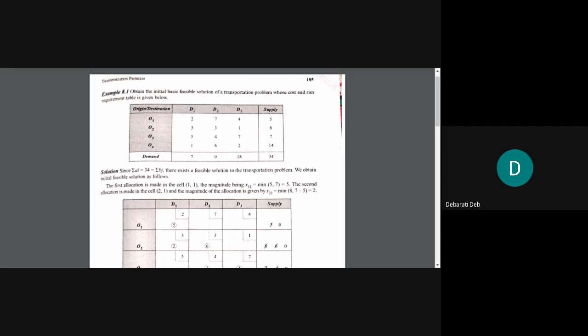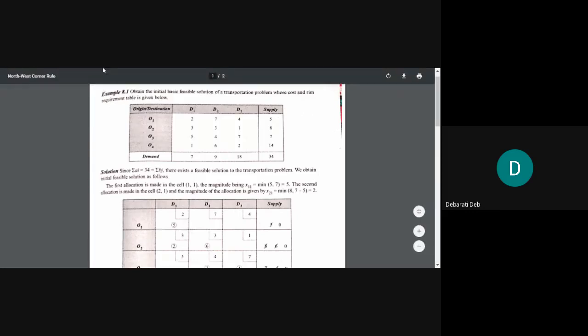The first one is the northwest corner rule, the second one is the least cost method or matrix minima method, and the third one is called Vogel's approximation method, also known in short as VAM.